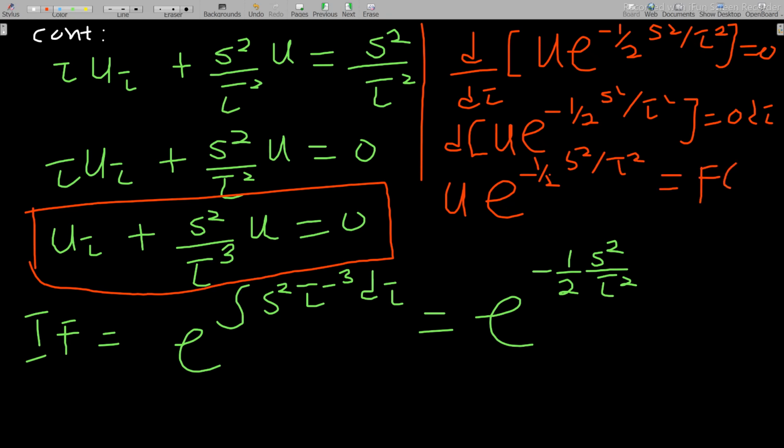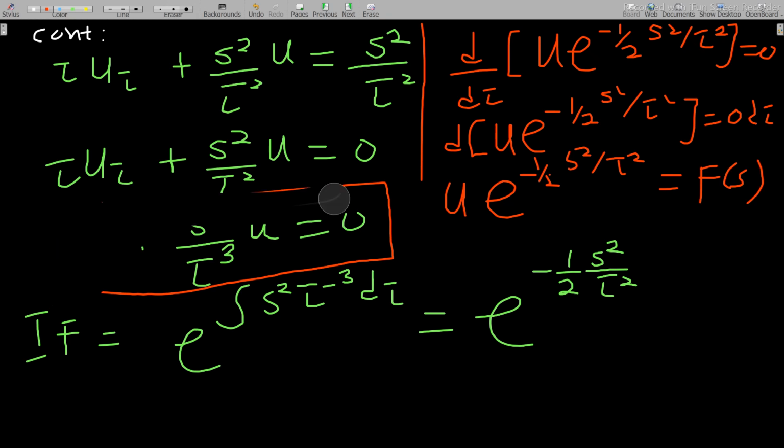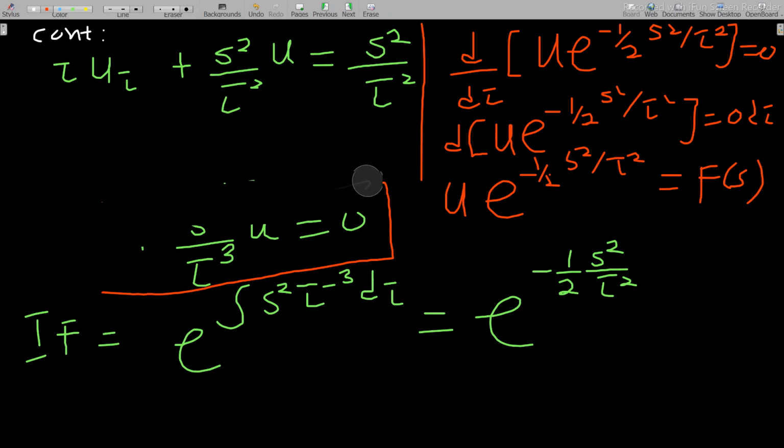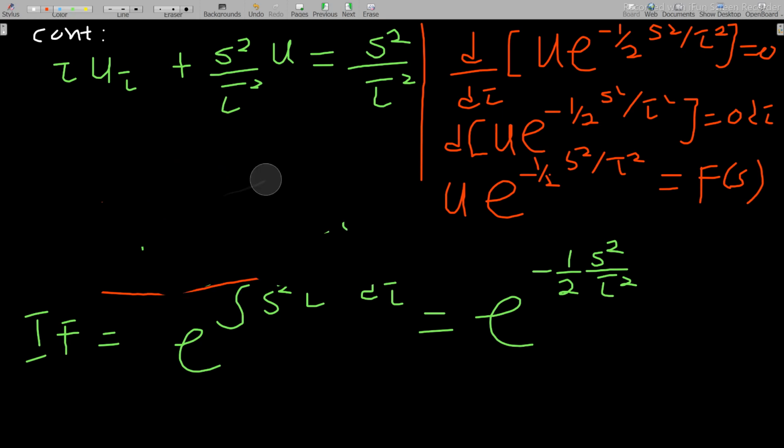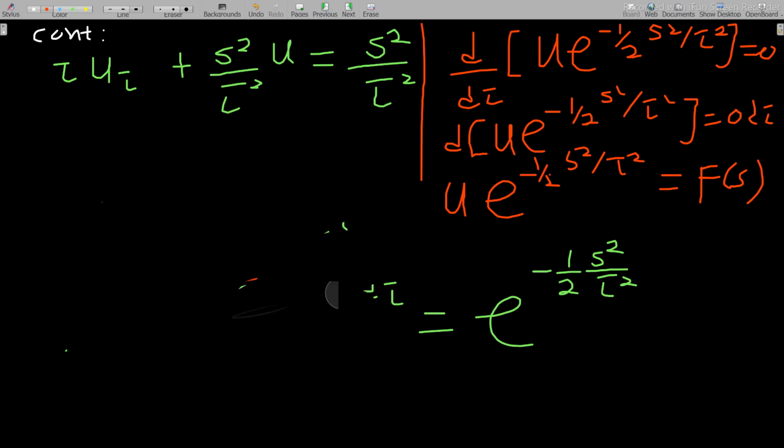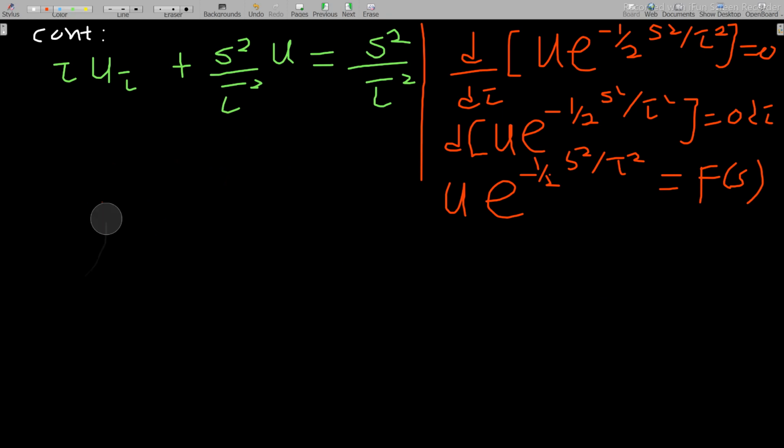This constant should be in terms of s, because u depends on both s and tau. So now I quickly clean this part and write the solution in a simple way. Now I have my homogeneous solution.